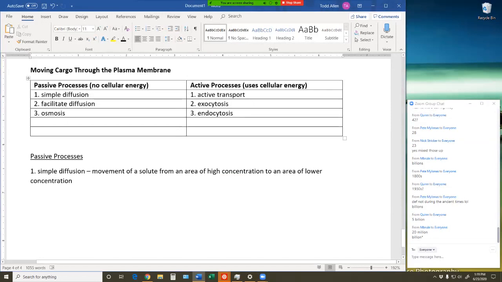So, as an example, every time you drop a teaspoon of sugar into your coffee or tea to sweeten it, those sugar molecules dissolve in the water and they spread out.